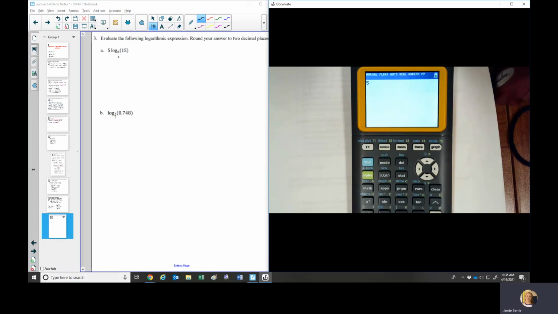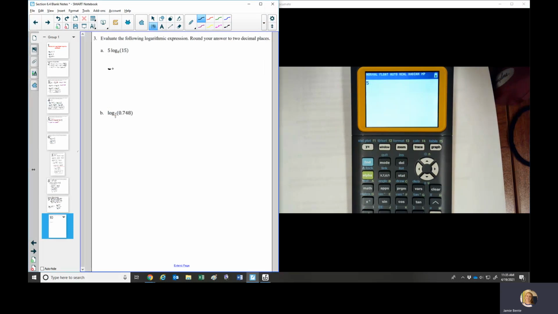We need to go ahead and use the change of base formula here. So we'd have 5 times log of the argument divided by log of the base. So 5 times log of 15 divided by log of 8. We're rounding to 2 decimal places, so that would be 6.51.